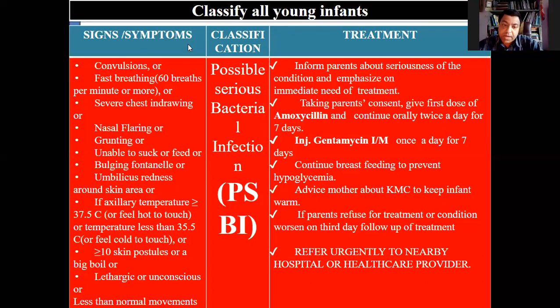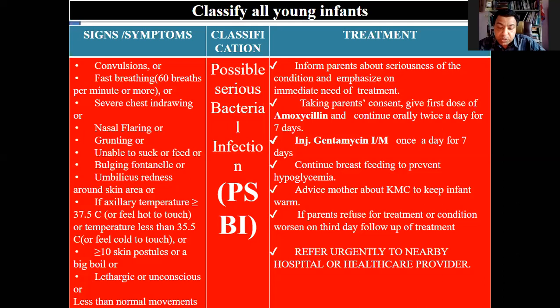Or either convulsion or fast breathing or severe chest indrawing or nasal flaring or grunting, unable to suck or feed or bulging fontanelle or umbilicus redness around skin area, or if axillary temperature is 37.5 degrees or more, feels hot to touch, or without a thermometer, and the temperature is less than 35.5 degrees, that is feels cold to touch or hypothermia.